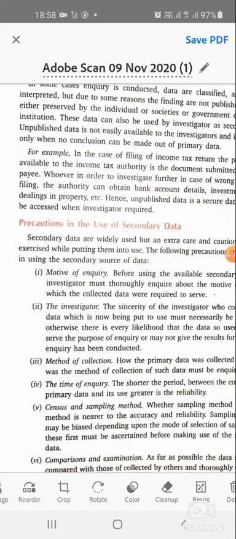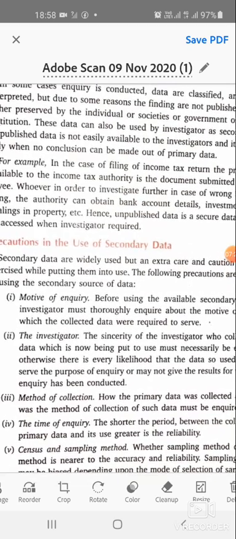Now, as I told you earlier, secondary data is collected by somebody else, so before using this data we should be more cautious. Which precautions are necessary? Let us discuss them one by one. First, the motive of inquiry.